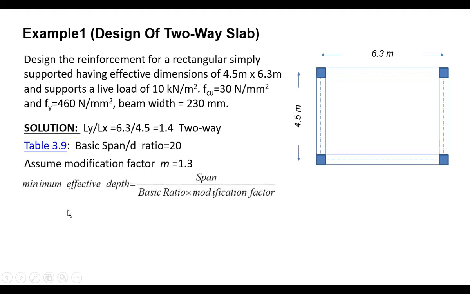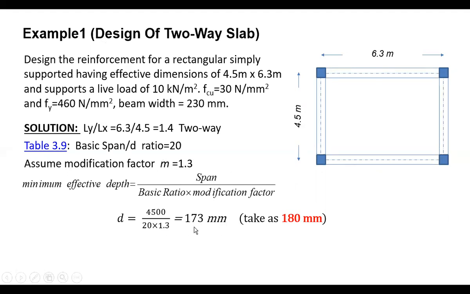Using these two values, the minimum effective depth equals the short span divided by the basic span to depth ratio, which is 20, multiplied by the modification factor, which is 1.3. Let's substitute these values. So 4.5 meters, you have to put it in millimeter to get the thickness in millimeter. So 4,500 divided by basic span to depth ratio 20 times modification factor of 1.3.